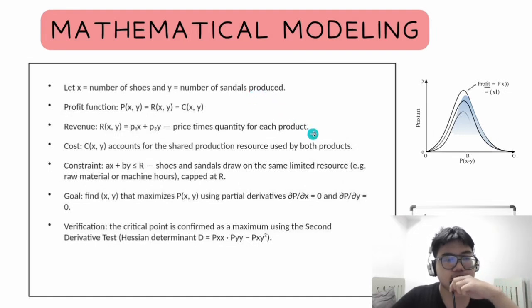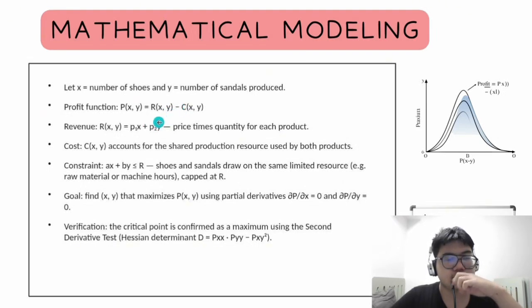First, let's build the model. Let x be the number of shoes and y the number of sandals produced. These are our decision variables. We write profit as P(x, y) equals R(x, y) minus C(x, y).